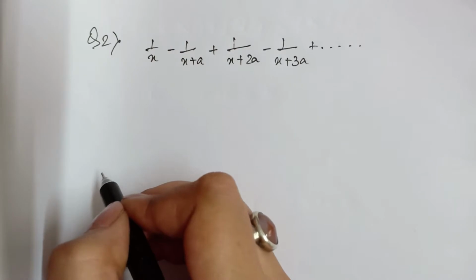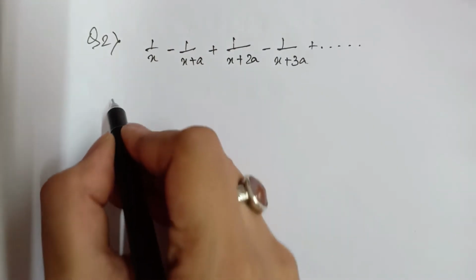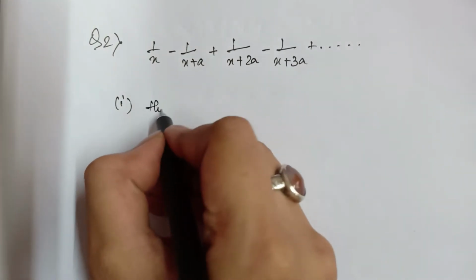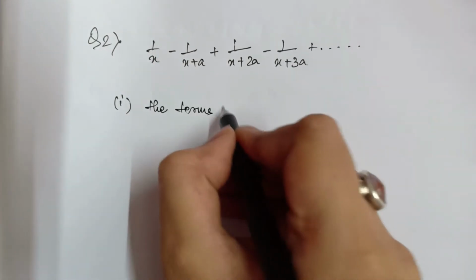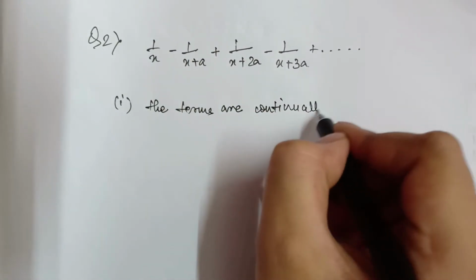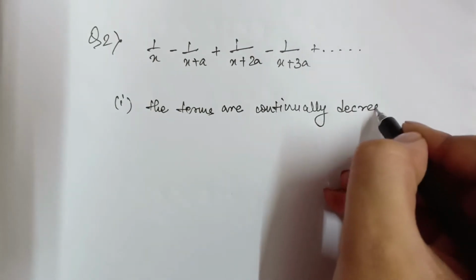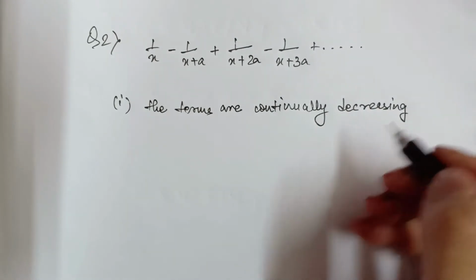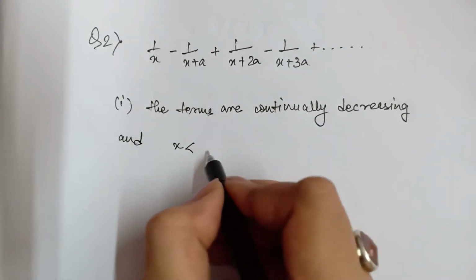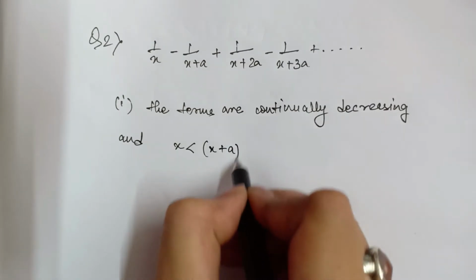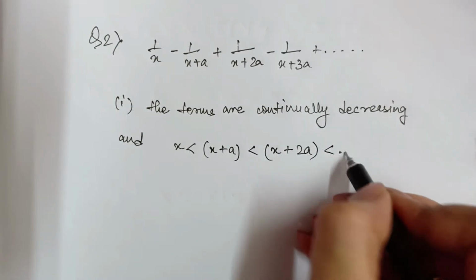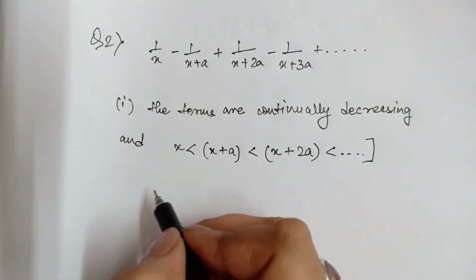Now to check Leibnitz test, our first condition is the terms are continually decreasing, and x is less than x plus a less than x plus 2a less than, and this continues.